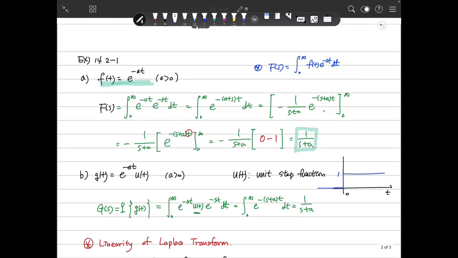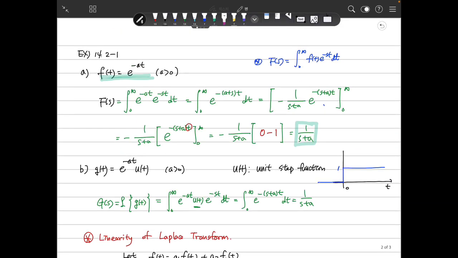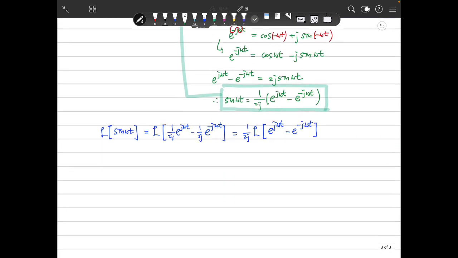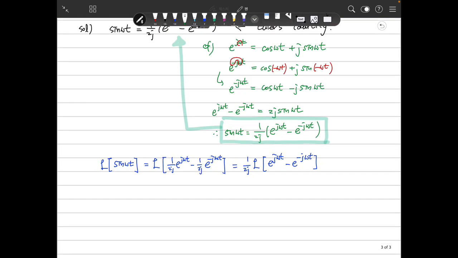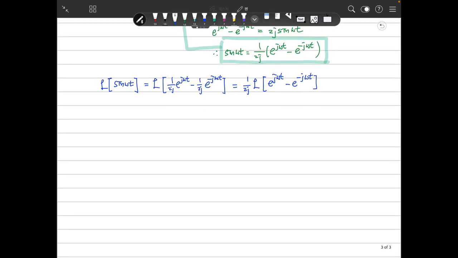So here, we already know that for exponential minus at, in the case of a positive, the Laplace is 1 over s plus a. You remember that? When you Laplace exponential minus at, it was 1 over s plus a.